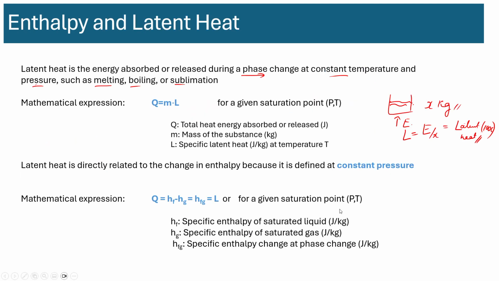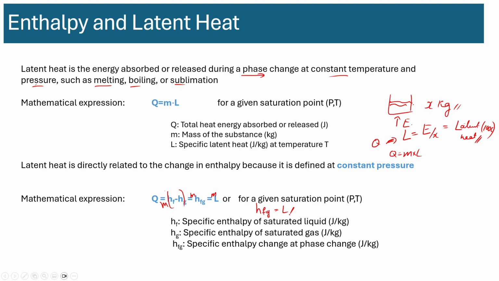The Q, whatever you're adding, in this case the latent heat, which you can write as mass times L, the total energy, is the same as the change in enthalpy. I should have put a mass here. So m h_fg is mL, and h_fg is the same as L.